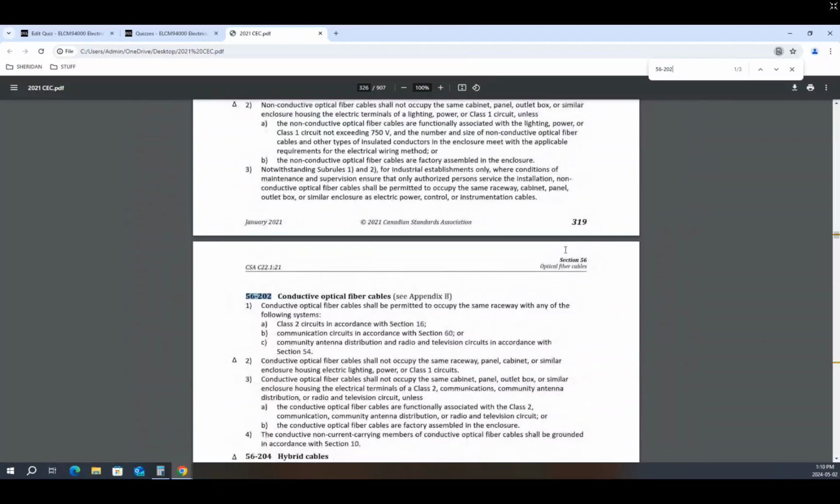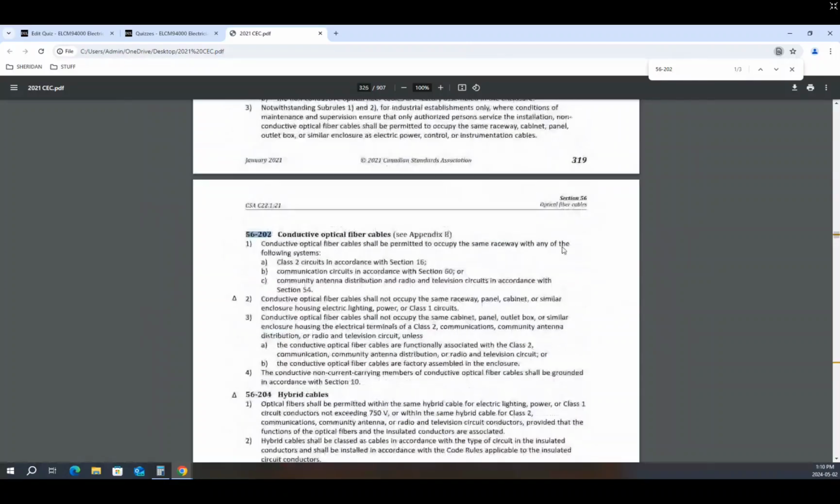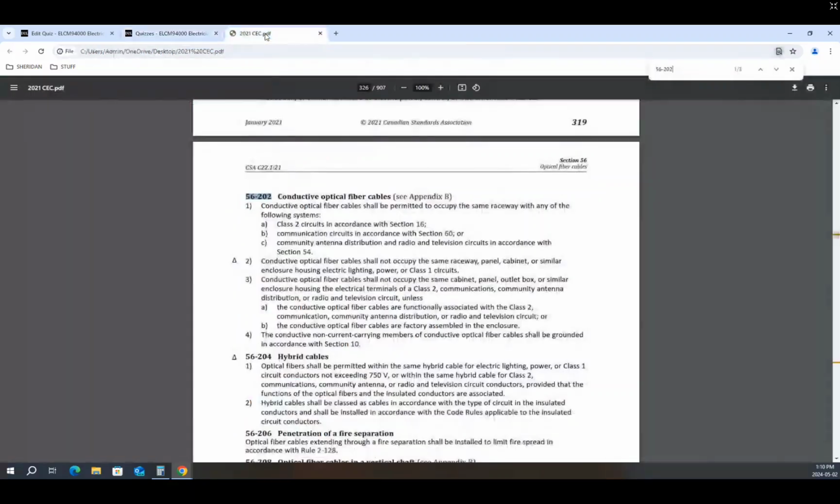Section 56 is optical fiber cables. And my question, conductive optical fiber cables can be installed, and that's why we went to Section 56.